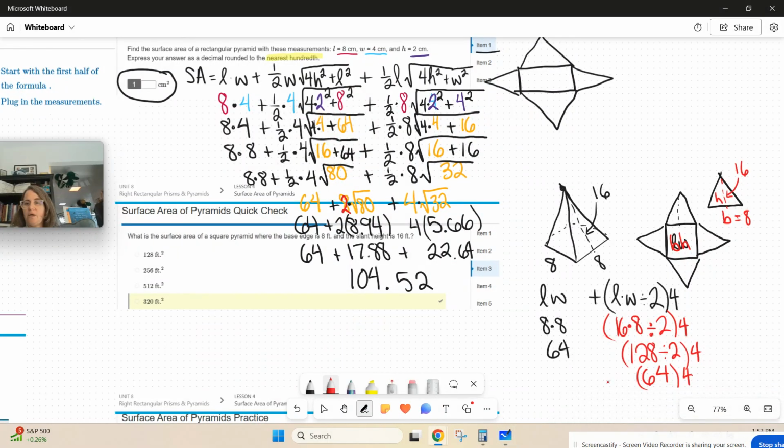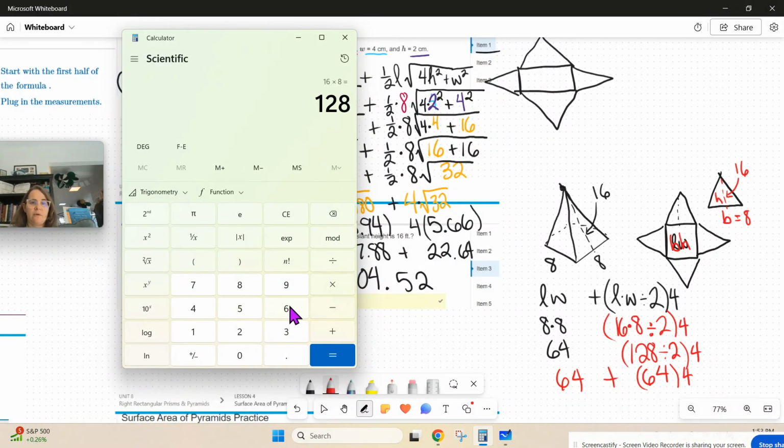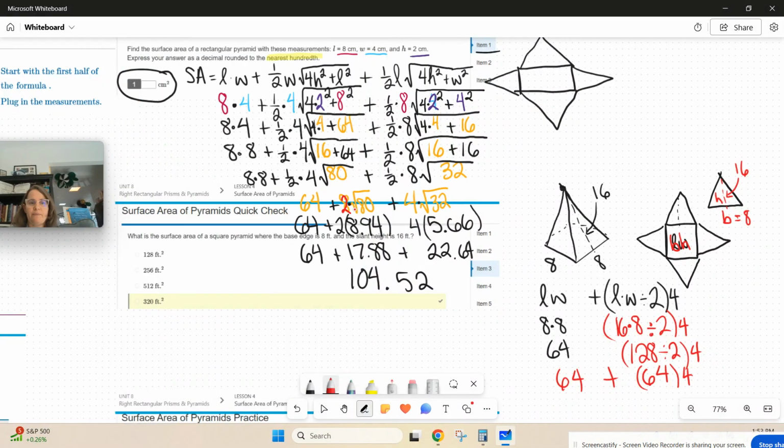Okay. And then look, we're going to add 64 to that. So I might just take 64 and multiply by 5. 320. All right. And there it is right there.